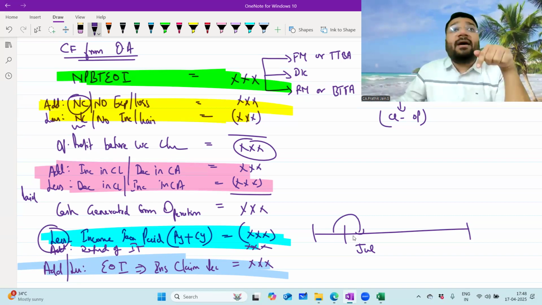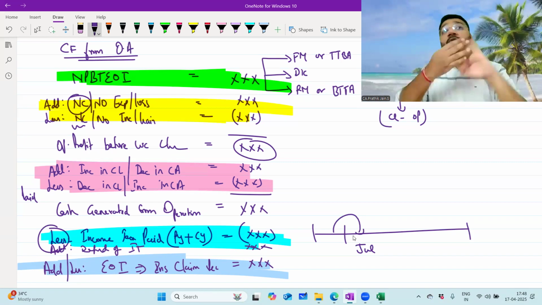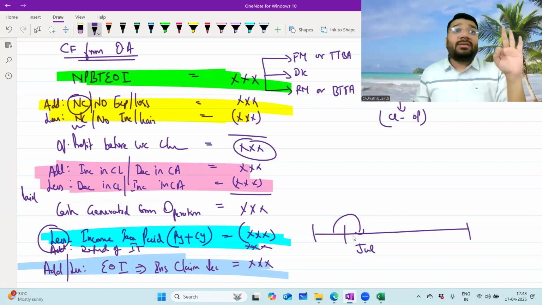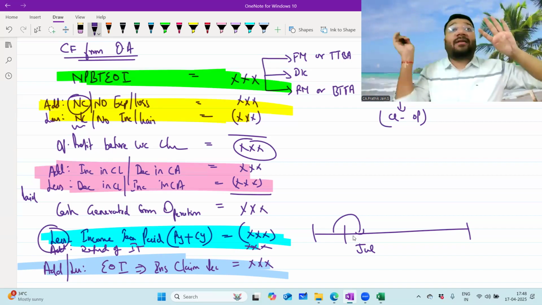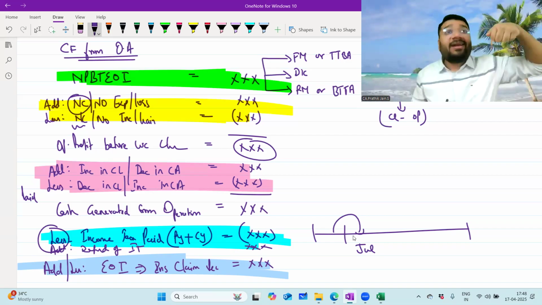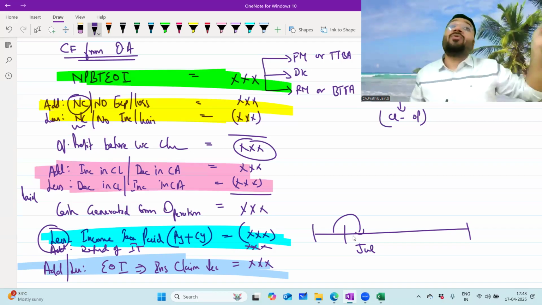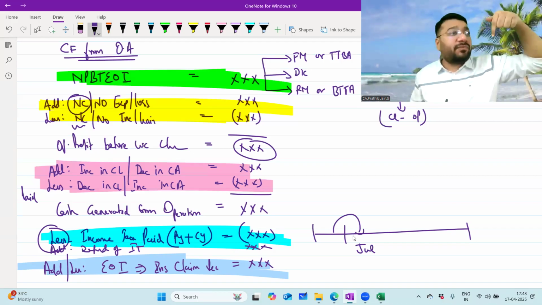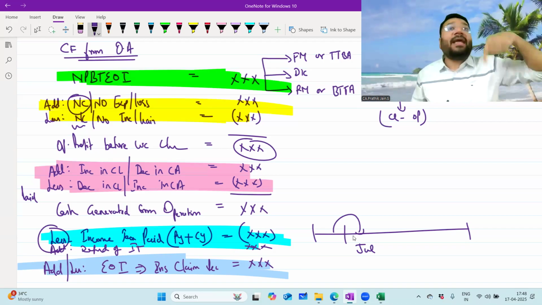So in the current year, quarter 1, quarter 2, quarter 3 outflows happened. So you will take that into consideration. Quarter 4's outflow will come next year. Similarly, the previous year's quarter 4 outflow would have come in the current year. So last year's Q4 would have been paid by April 15th of this year. So that will be taken into consideration.